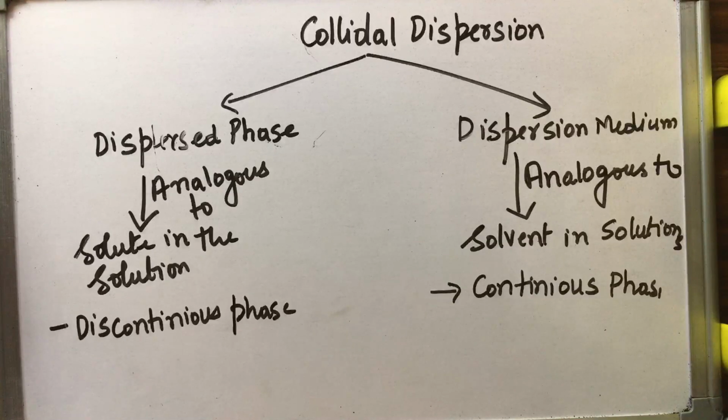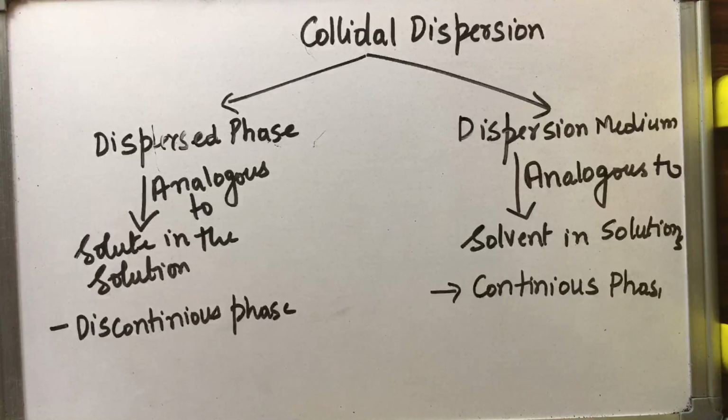So in our next class, students, we have to study the difference between the true solution, colloidal solution, and the suspensions. So please read all the things again, revise it, so that the next class will be easier. So what all things we have studied in today's class? We have completed the concept of catalysis. Under the concept of catalysis, we have studied a lot of things: homogeneous, heterogeneous, differences between them.